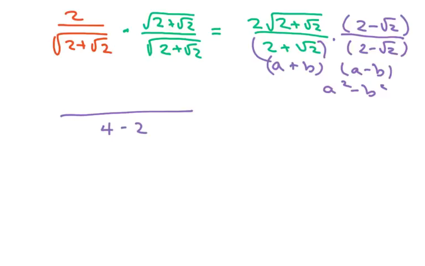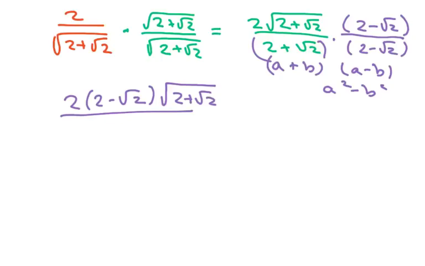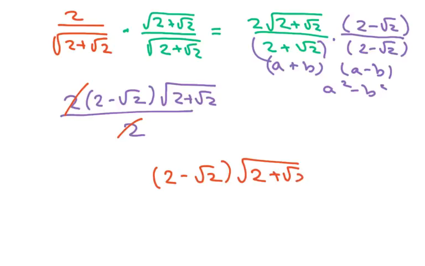And the numerator is just going to be 2 times 2 minus square root of 2 times the square root of 2 plus square root of 2. Now this equals 2. What happens is these two cancel. That equals 1. So your final answer is 2 minus square root of 2 times square root of 2 plus square root of 2. And that's all.